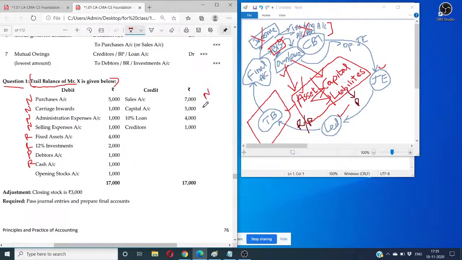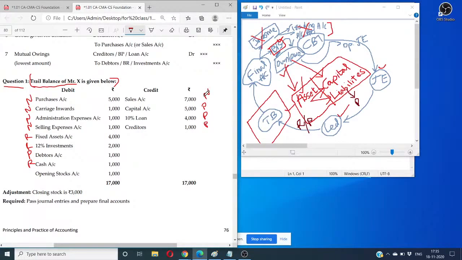Capital, personal account. 10% loan. Personal account. Okay, 10% loan is personal account. Lender's name will come. And creditors also personal account.